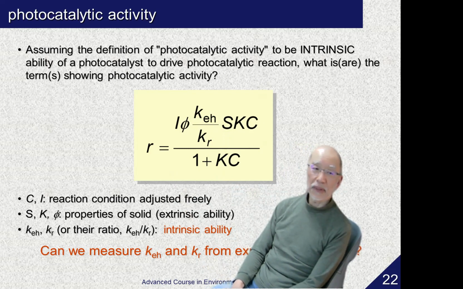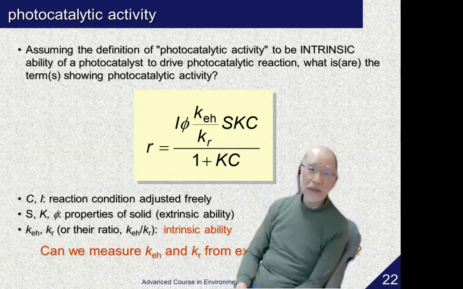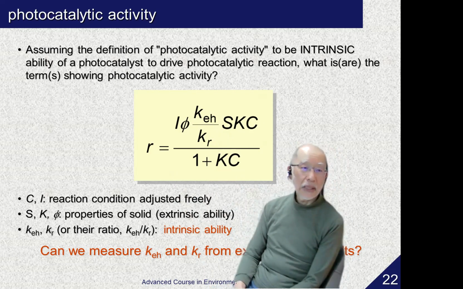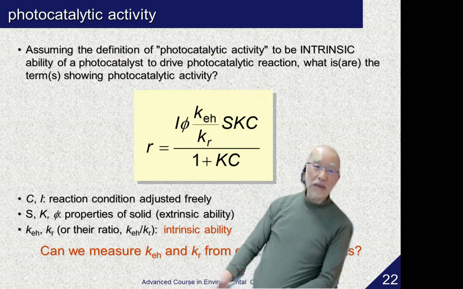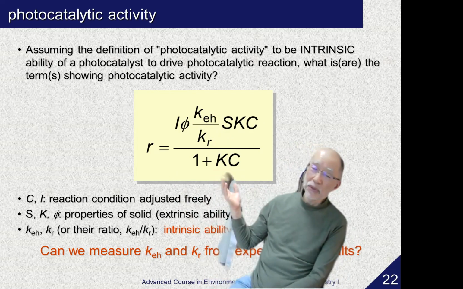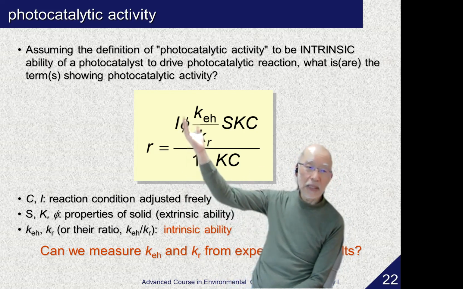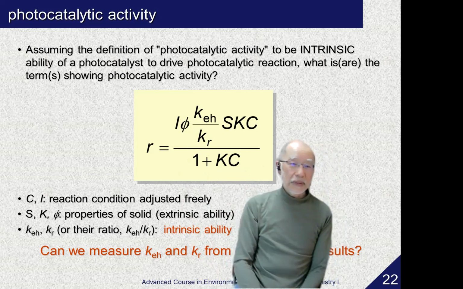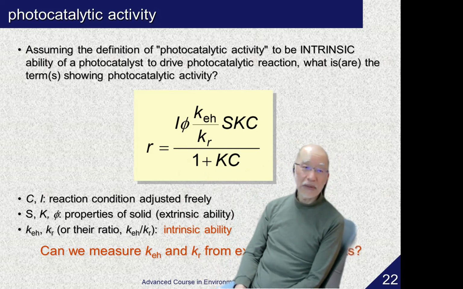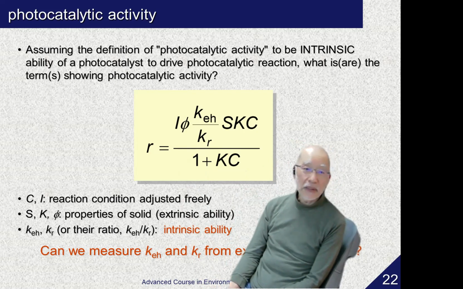Probably only this is a property of the photocatalyst as such; the rest is not specific to photocatalysis. So, assuming the photocatalytic activity, the reaction rate is shown like this in the most simplified form. Here, I is the photon flux. C is the concentration in solution, an outer parameter, not a property of the photocatalyst.